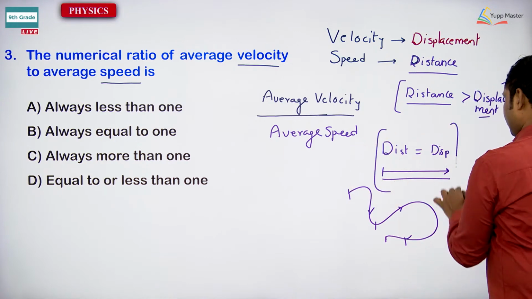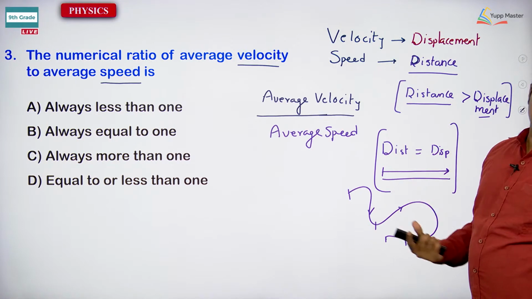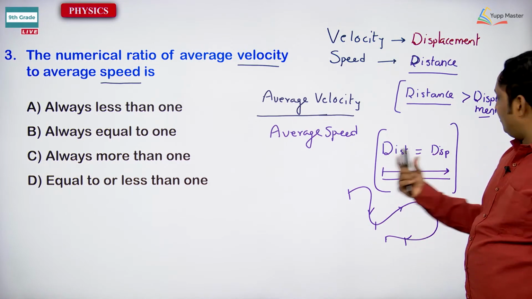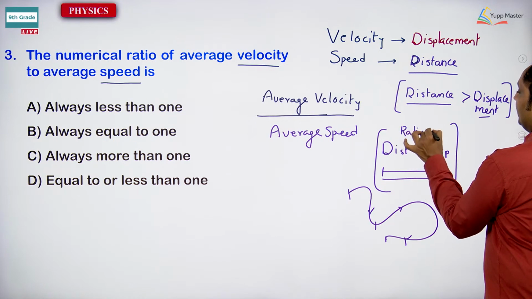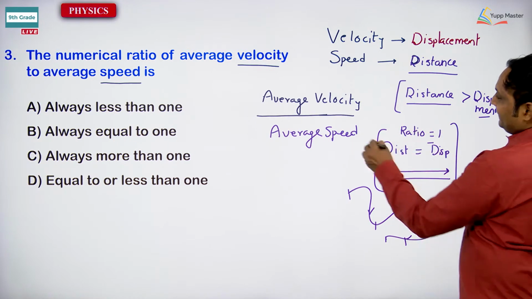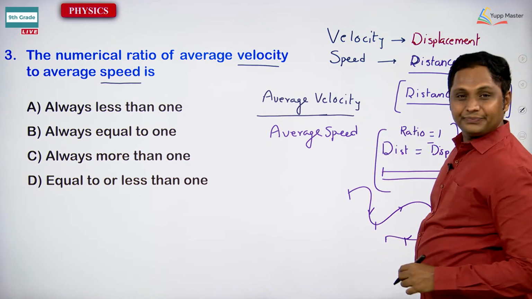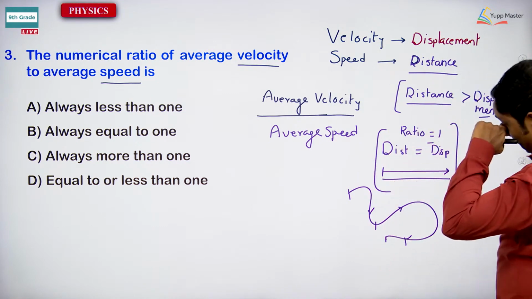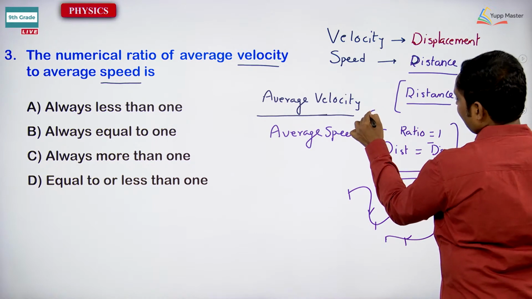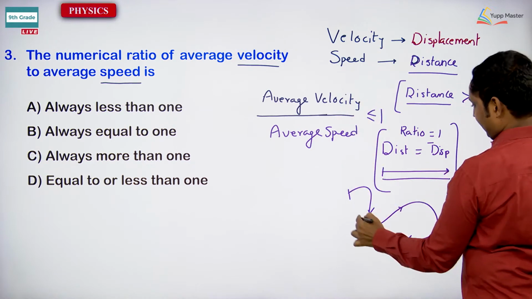In this case, if we take just one interval, it is going to be 1. So if you take the ratio, it is equal to 1, but in this case it is equal to or less than 1.